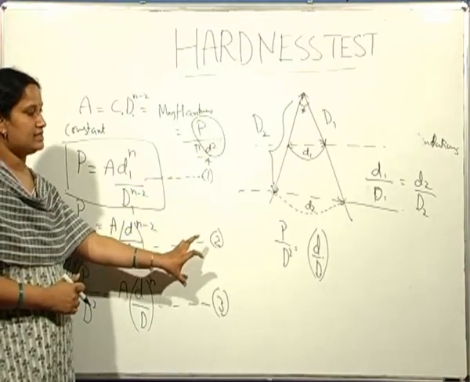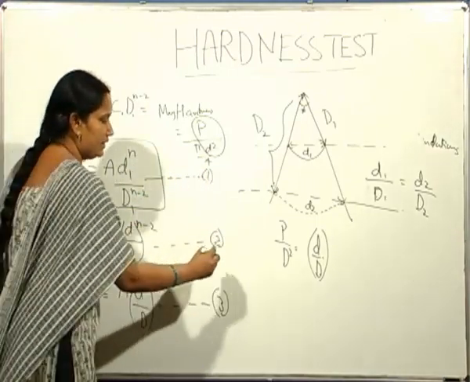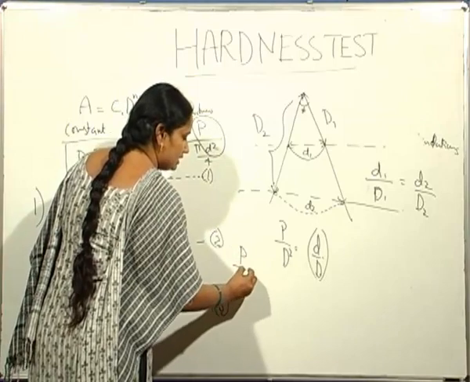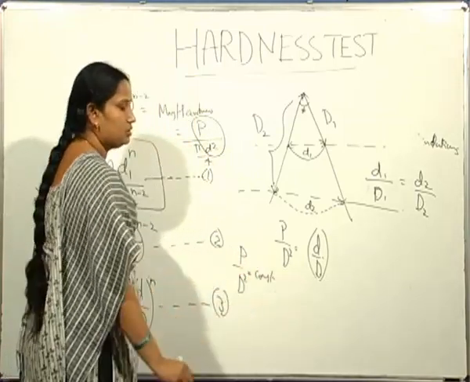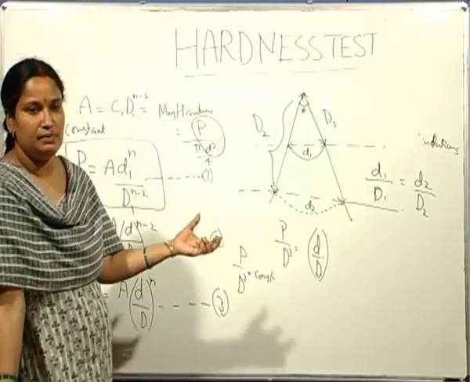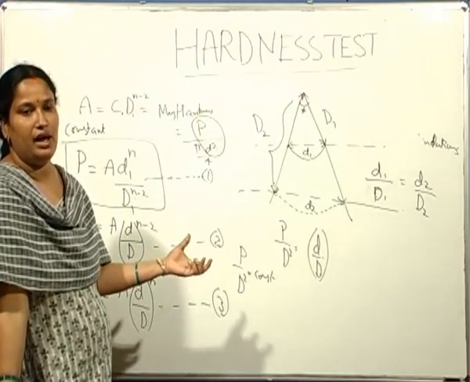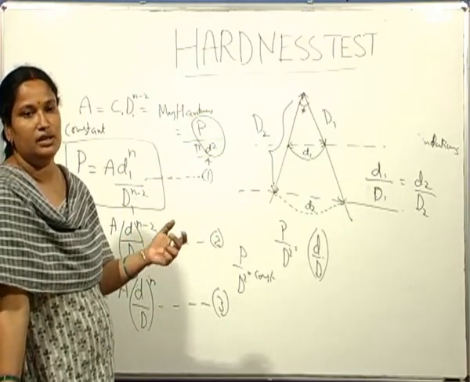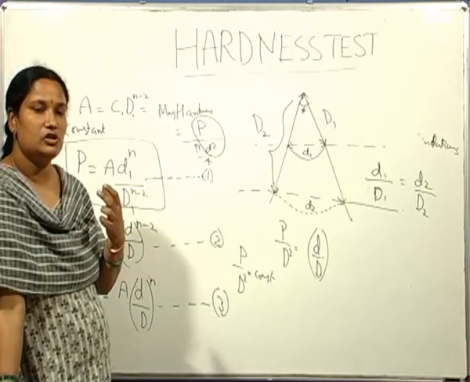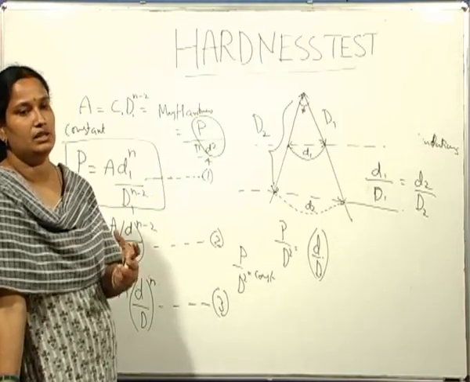So as long as the ratio P by D square is maintained constant, geometrically similar indentations are obtained and the hardness does not depend upon load. It does not vary with load.